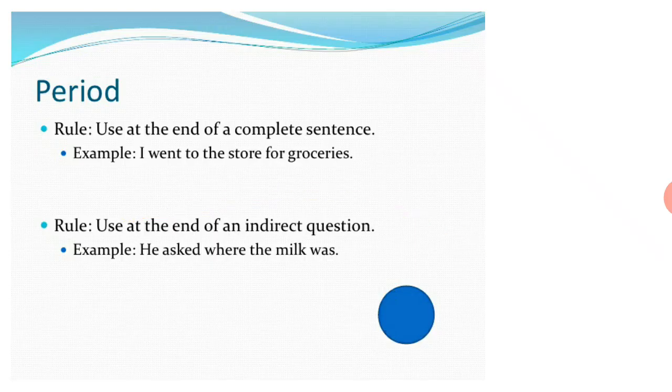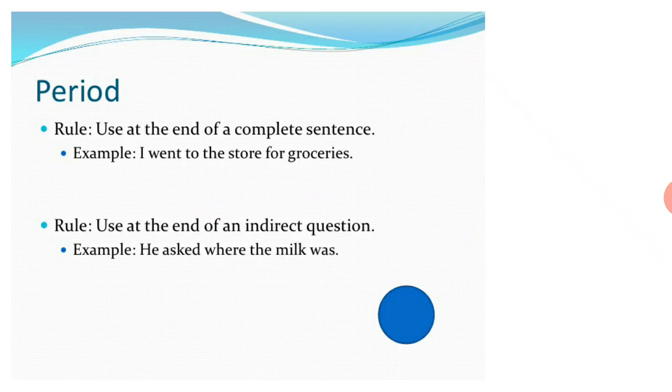First of all, the period, as well as the full stop. Use it at the end of a complete sentence. If you want to complete the sentence, you have to put the full stop. For example, I went to the store for groceries. The second rule: use it at the end of an indirect question.